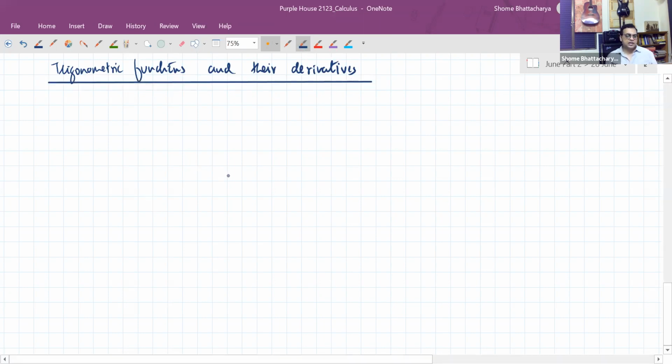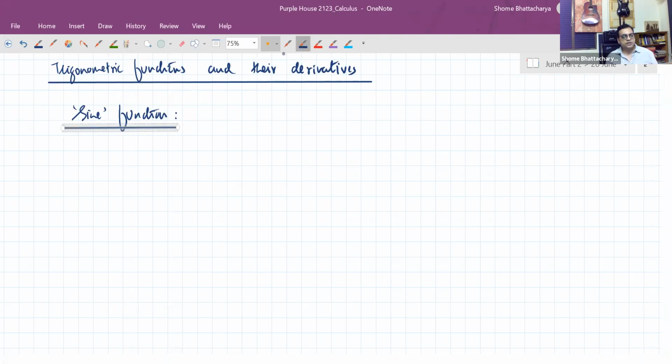We'll understand sine and cos as continuous functions for which x can take any value from minus to plus infinity. So let's start with the simple sine function. And this is very important to understand because later in physics, when we come to topics like oscillations and waves, etc., sine functions are very important on the mathematical side of that.